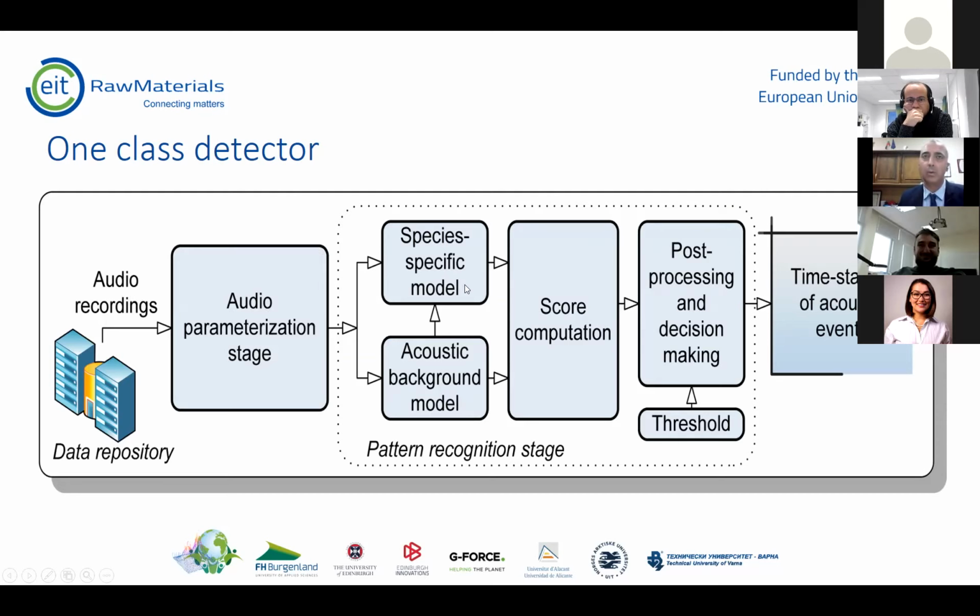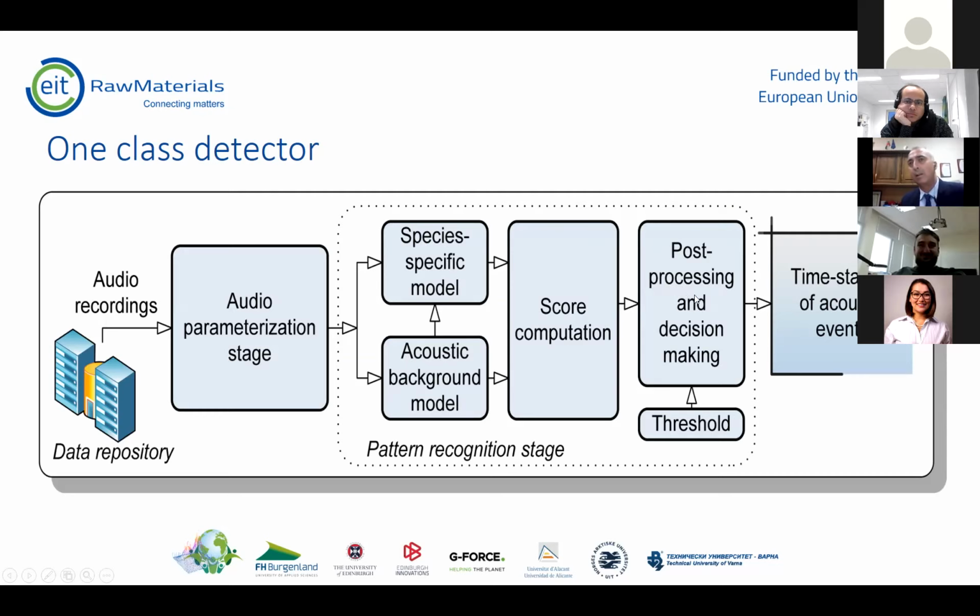We also use a model of the world, all the sounds that are everything else. All the acoustic background means model of the world. So based on the model of the world and the specific model for this species, we estimate probabilities. And based on these probabilities and some post-processing, we make a decision if the tree is infested or not.